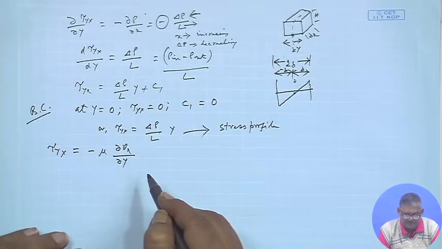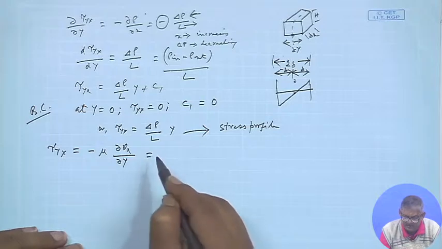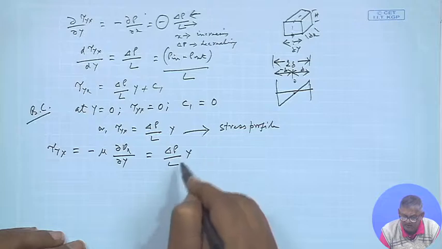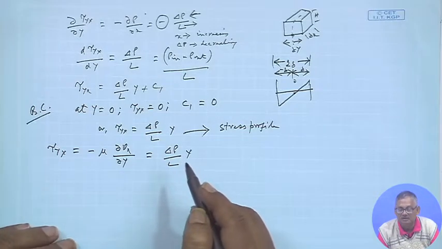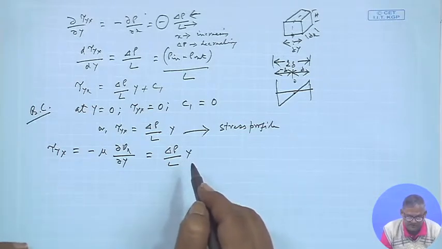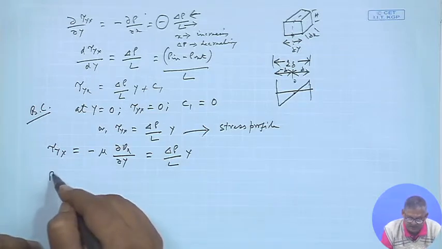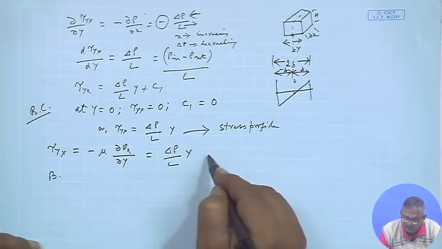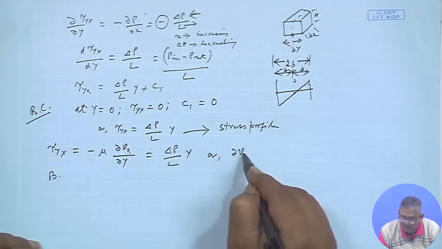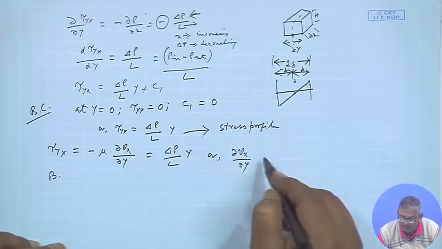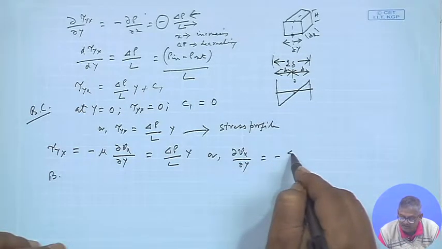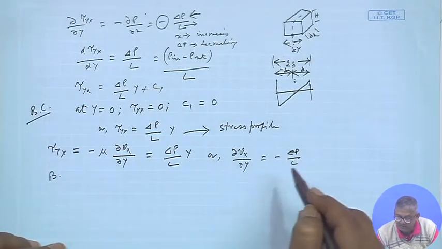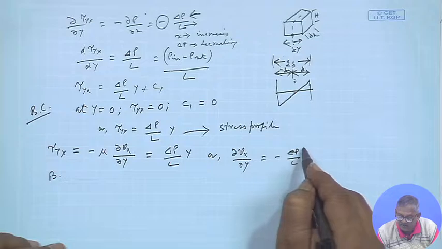We can write that this is equal to delta p over L into y. And if this is true, then putting the second boundary, if we rewrite this, del v x del y is equal to minus delta p over L into y.